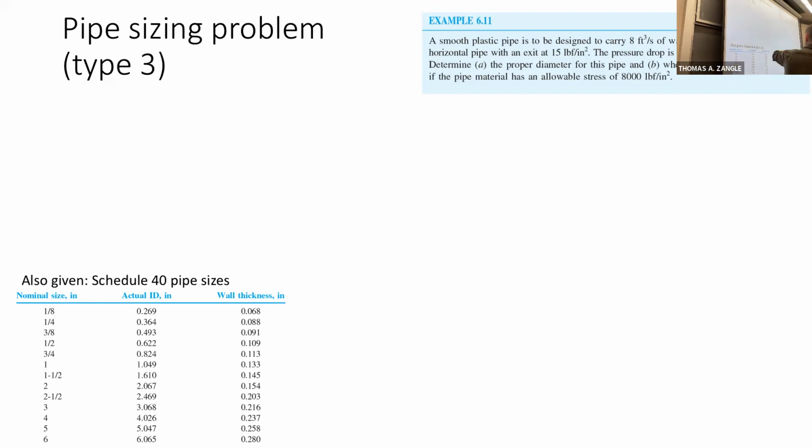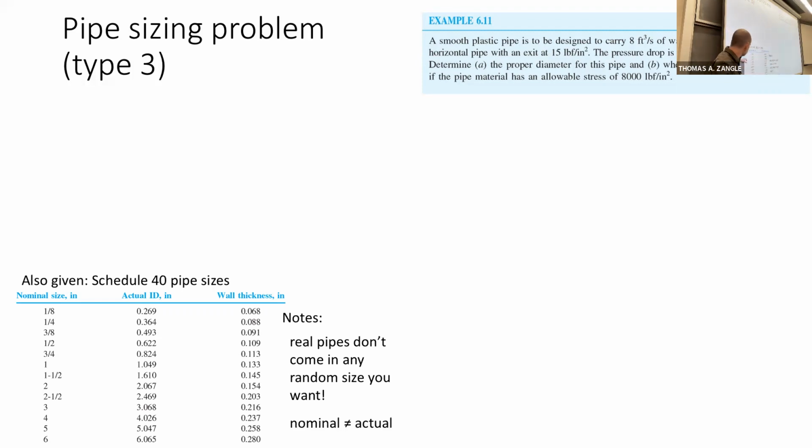But another wrinkle in this type of problem is the fact that pipes don't just come in any size that you want, right? So we're given here a table of Schedule 40 pipe sizes. And the nominal size of a pipe is not equal to the actual size of a pipe.